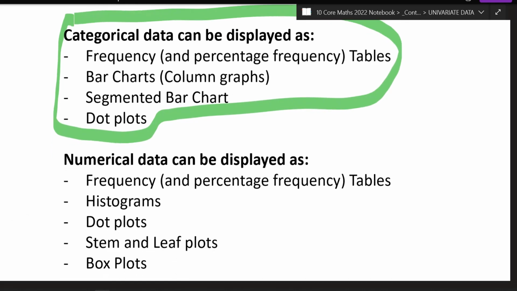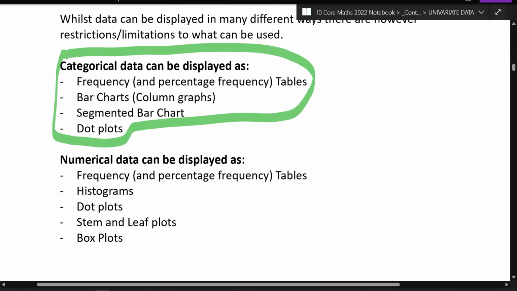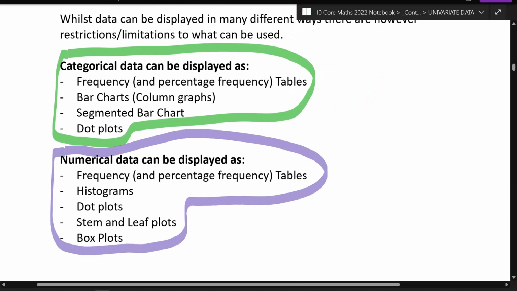And then for numerical data, it's also different displays. So just be mindful. Try not to get them too mixed up. There are also some overlaps though, but for the most part, you'll see that they do have their own separate ones depending on the type of data. Like for example, numerical data is good for box plots, but you won't use it in categorical data.